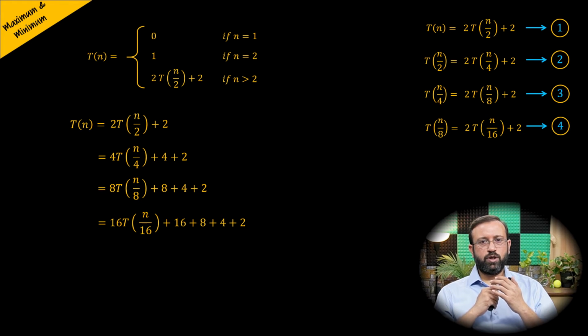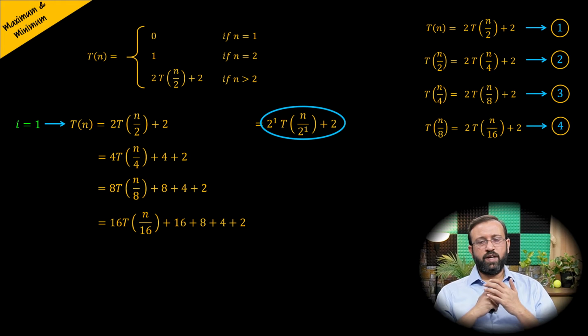But how long should we continue? Let us say that we continue the substitutions for i times. So when i is 1, we have the first equation, which is 2t of n by 2 plus 2, and can be written as, instead of 2, we can write it as 2 power 1 t of n by 2 power 1 plus 2.